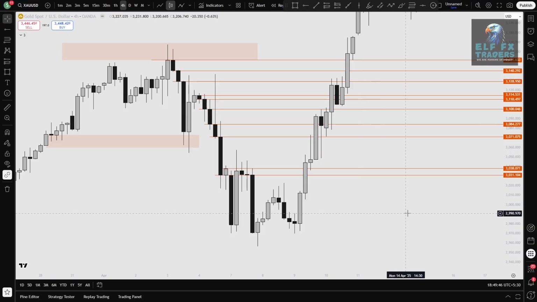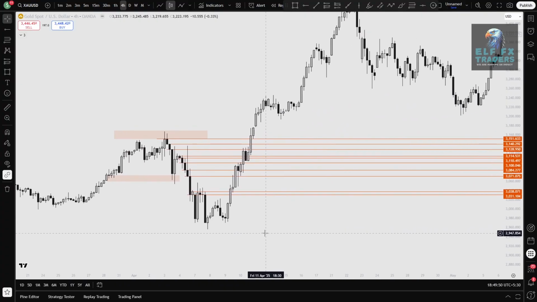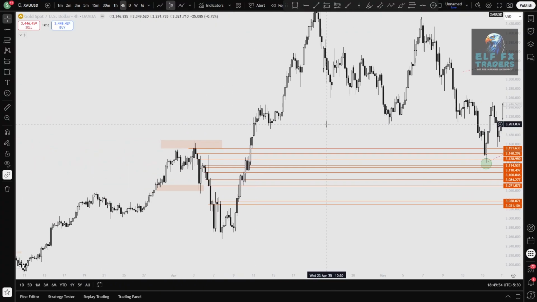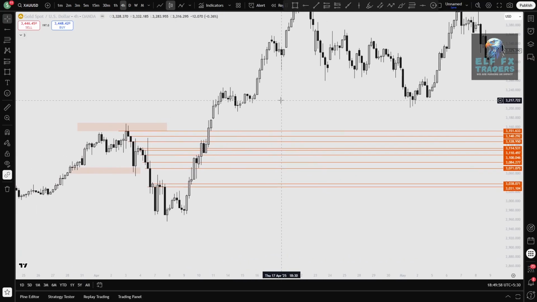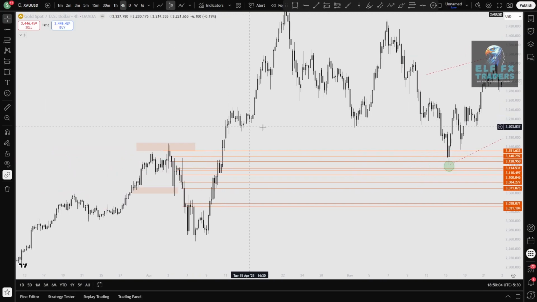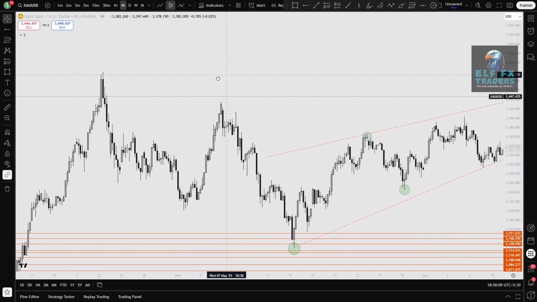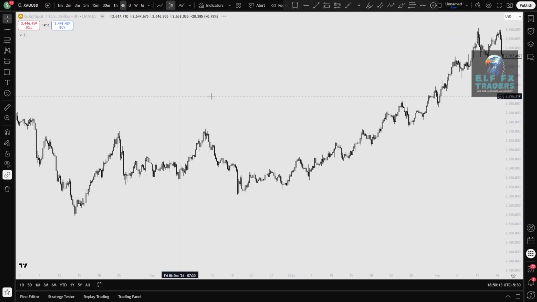So for you to understand more about the line chart, you also need to have an understanding of the candlestick. Once you have an understanding of the candlestick, it will be easy for you to read the market. Another important thing to know about the market is the types of charts.